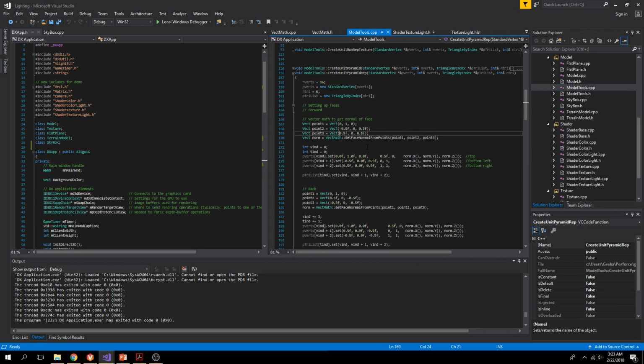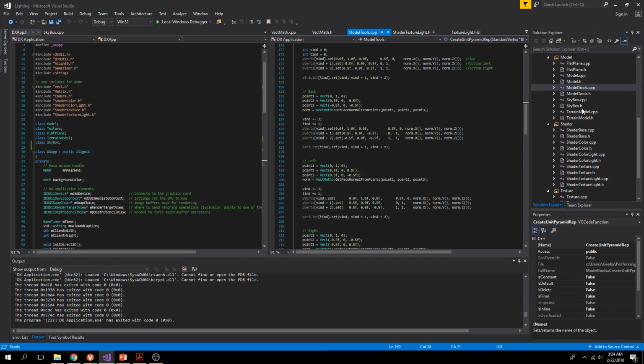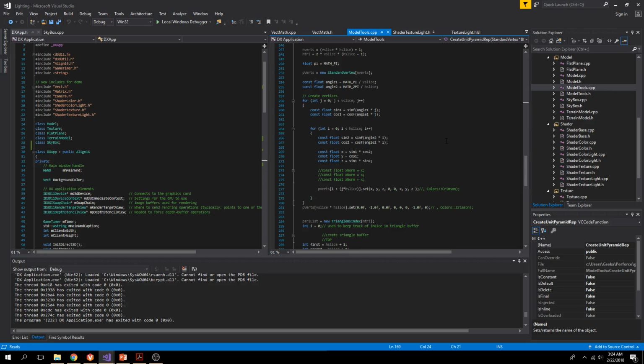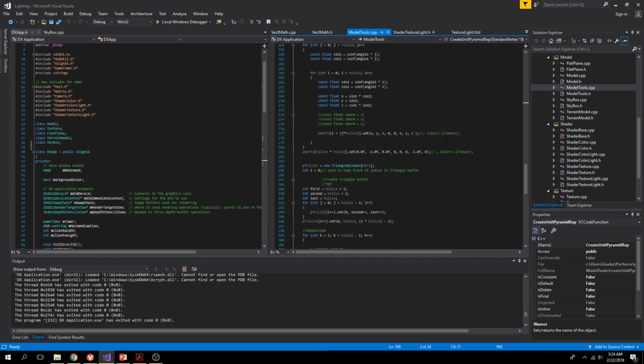At least for the pyramid and the height map and this. If each triangle has its own set of vertices, then I'm using this. For the sphere, I just more or less use the position of the vertices, because in theory the sphere would be centered around the origin, so its normal vector would be its position.